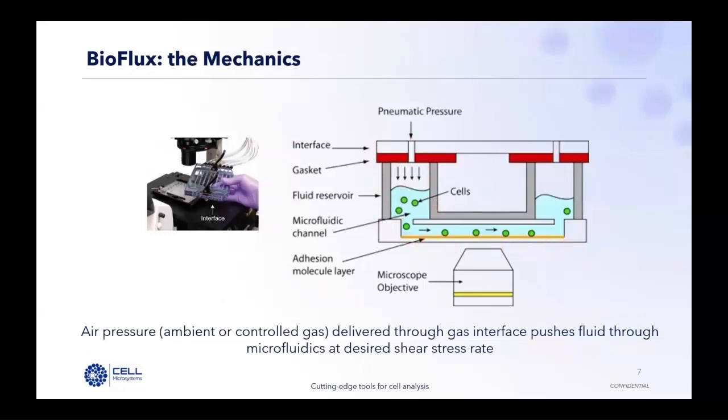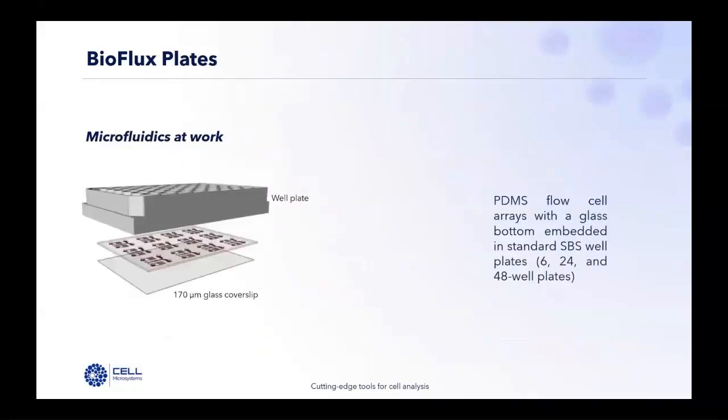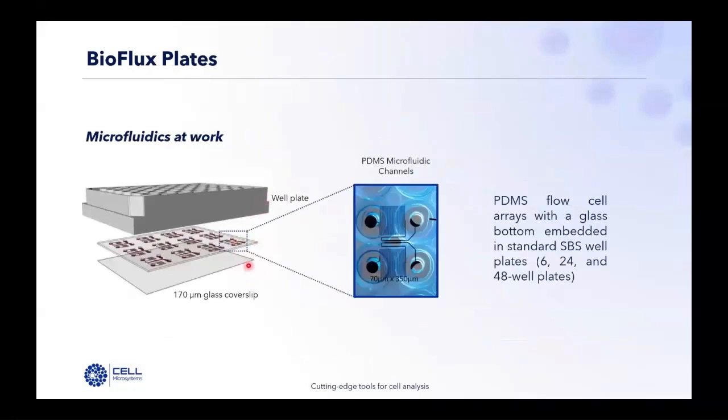The BioFlux offers the ability to generate pulsatile, laminar, oscillatory, and bidirectional flow, all while keeping your samples away from the tubing but contained within BioFlux plates, which consist of PDMS microfluidic flow cells that are embedded within standard SBS well plates with a 170 micron glass cover slip, perfect for high-resolution imaging. The microfluidic design has viewing windows on the bottom of the plate where experiments take place and are imaged in real time.